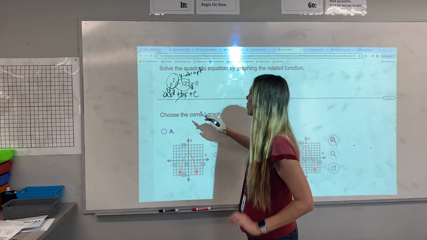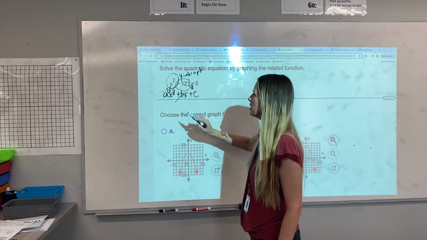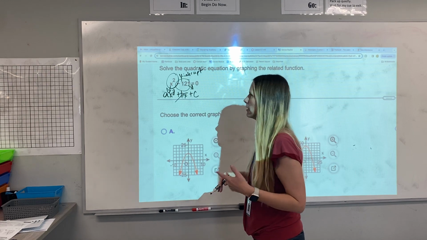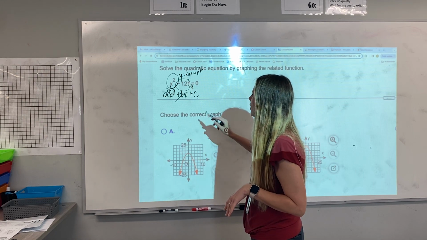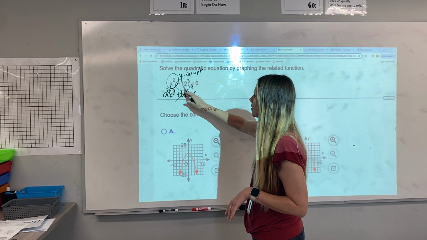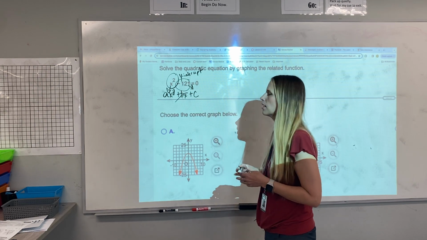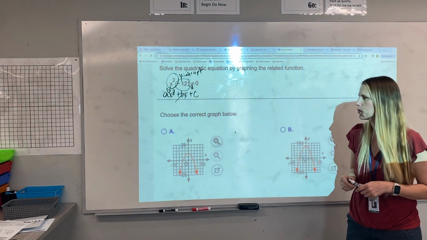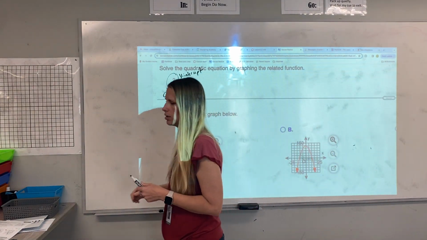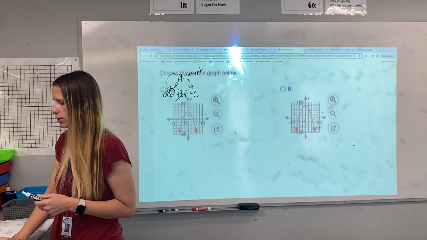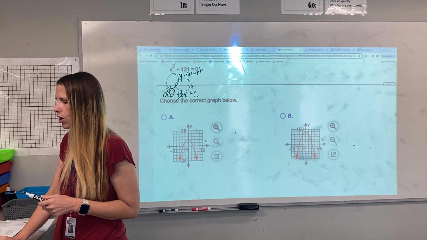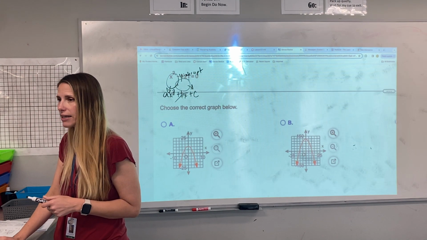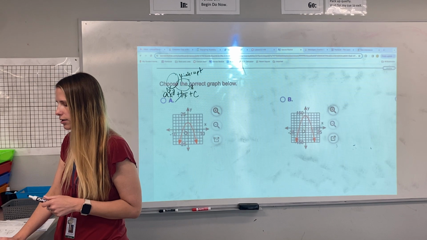All right, so we're missing the bx term. No big deal. It actually makes it kind of simple. This -121 does represent our y-intercept. The good news is we don't have to graph it on our own. We just have to choose which one has a y-intercept of -121.